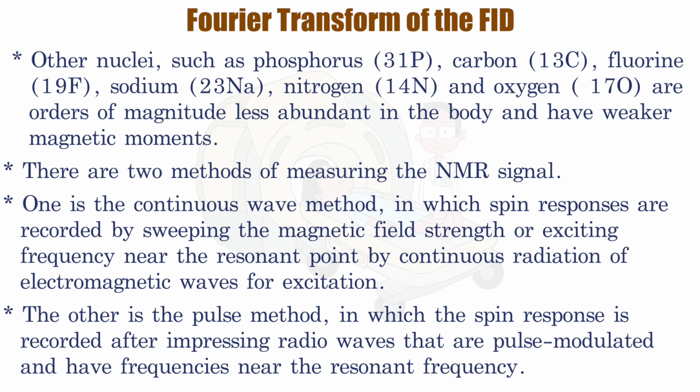One is the continuous wave method, in which spin responses are recorded by sweeping the magnetic field strength or exciting frequency near the resonant point by continuous radiation of electromagnetic waves for excitation. The other is the pulse method, in which the spin response is recorded after impressing radio waves that are pulse modulated and have frequencies near the resonant frequency.